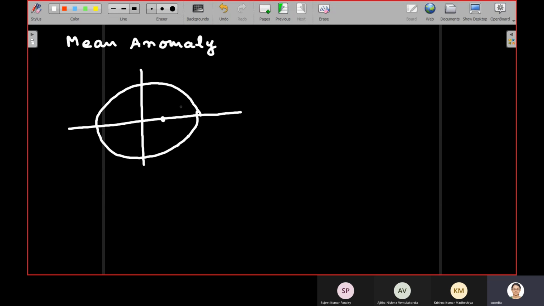So this is the actual elliptic orbit. And the blue circle is actually a hypothetical circular orbit.